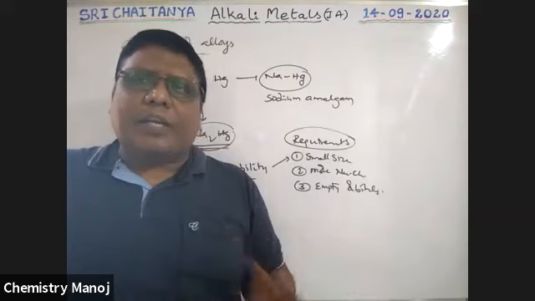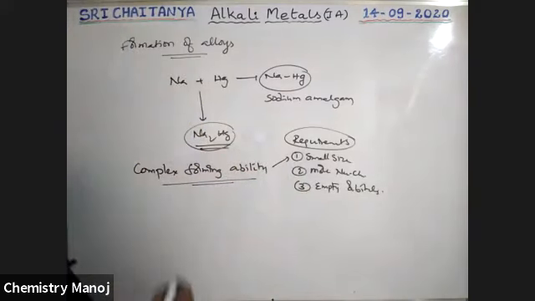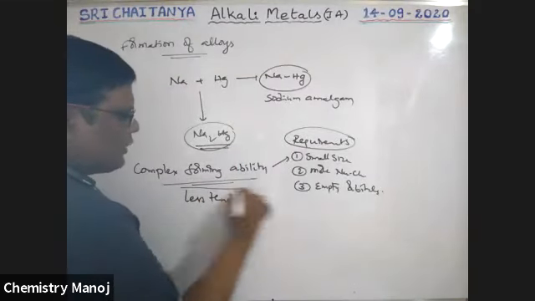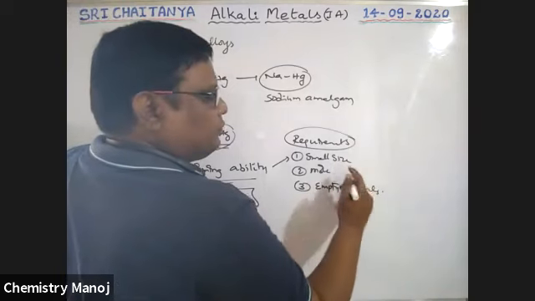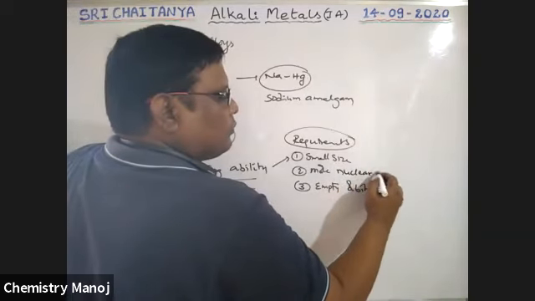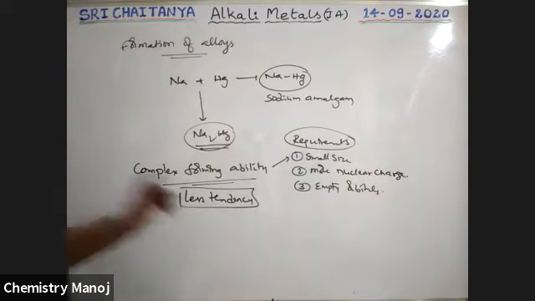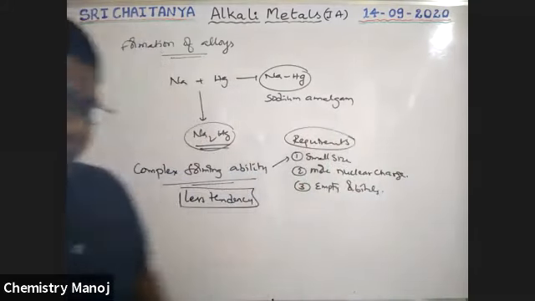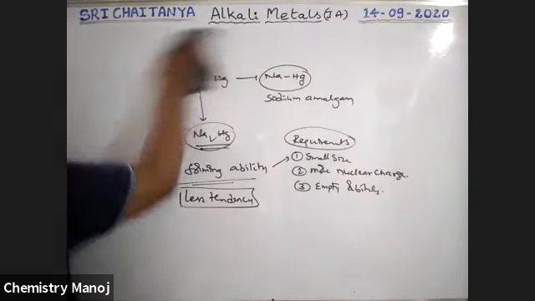So most alkali metals never form complexes; they have less tendency to form complexes, and less nuclear charge. Next, also the tendency to form hydrated salts.